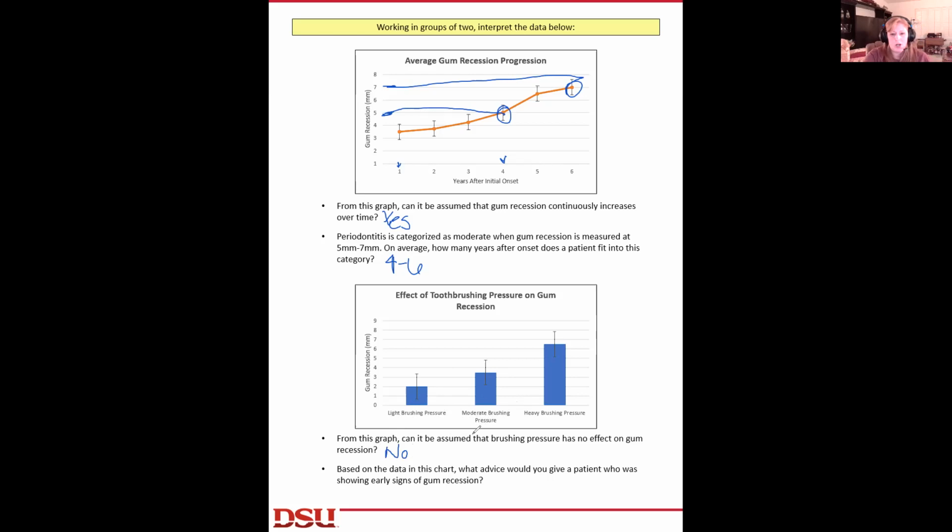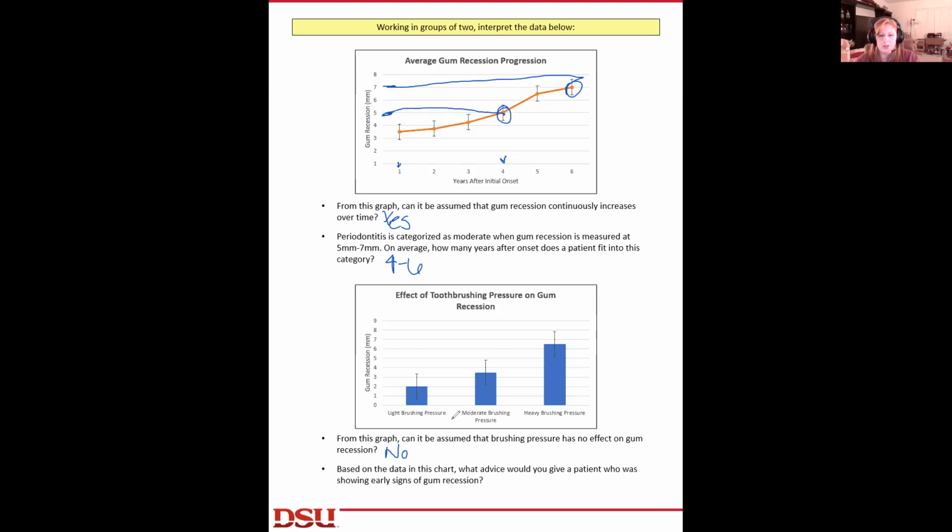Based on the data in this chart, what advice would you give a patient who is showing early signs of gum recession? This is one of those things that you're going to get in science a lot. Here's this information, now you need to decide how to use it, how to apply it. We know that brushing pressure does have an effect on gum recession.